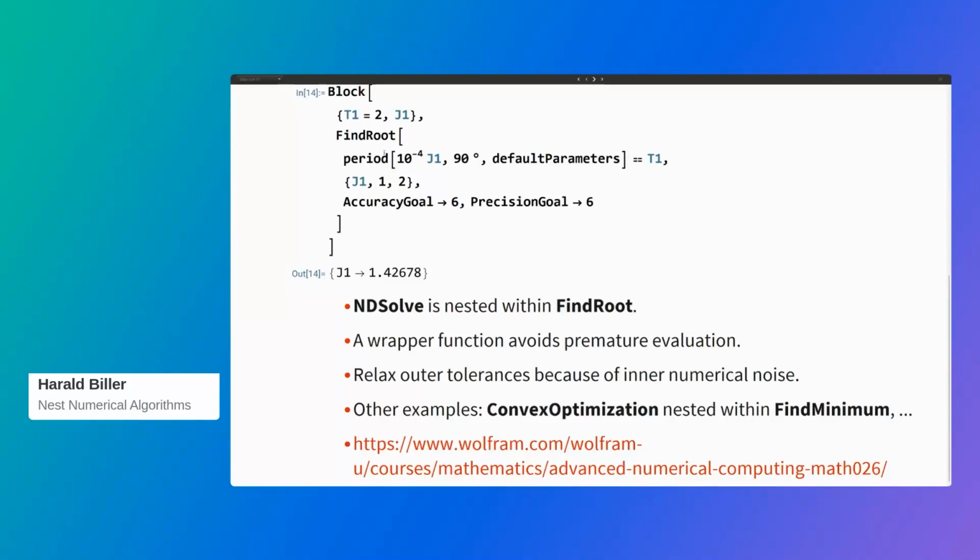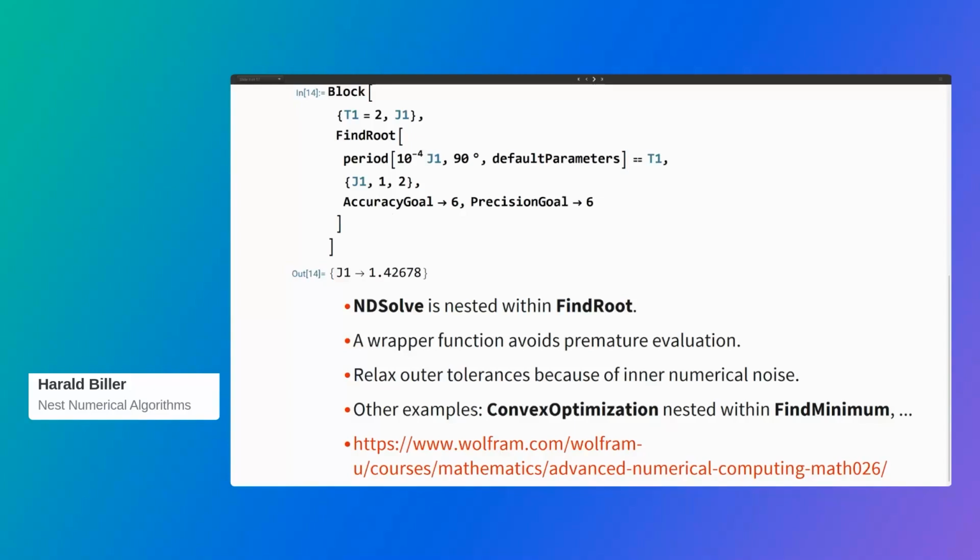If the period has some random or pseudo-random fluctuations in the order of magnitude of, I don't know, 10 to the minus 8 or so, then to only require a solution up to 10 to the minus 6 is certainly a reasonable thing to do. Interestingly, in this example, it did work without relaxing tolerances, but in other examples, which I tried in the course of the years, that was really important.